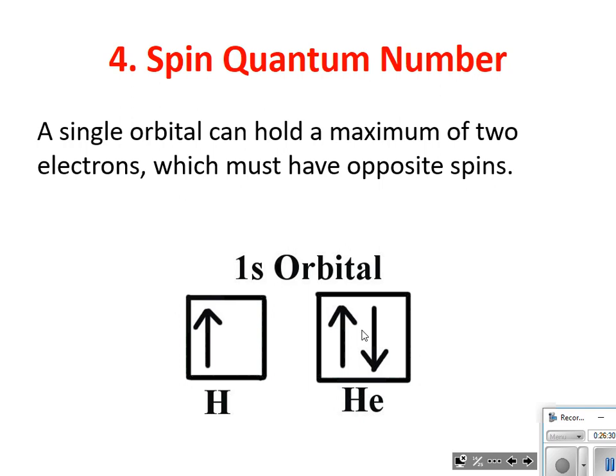How many electrons did we just say was on the f sublevel? 14. Do you think that's a coincidence? I think not.